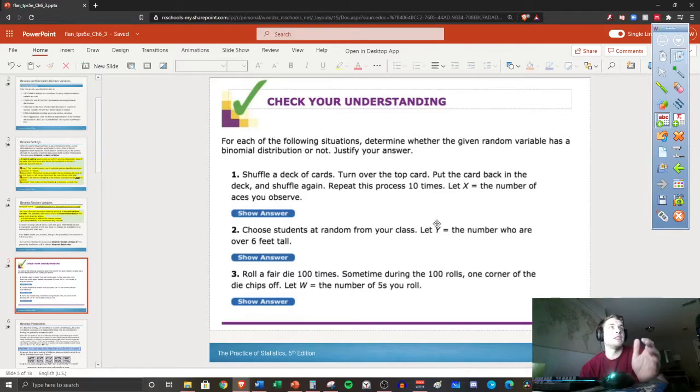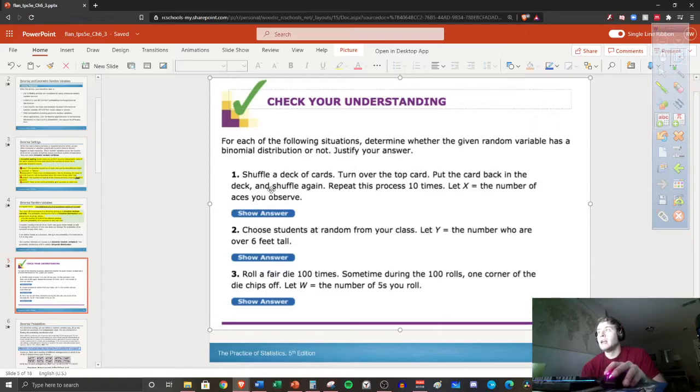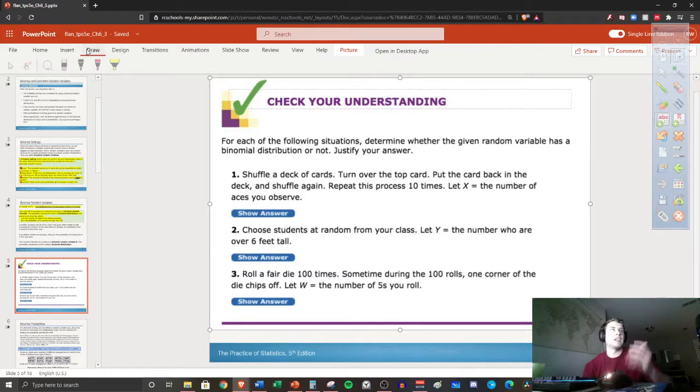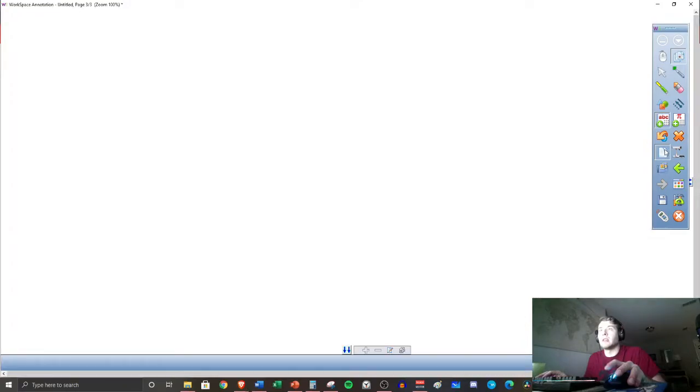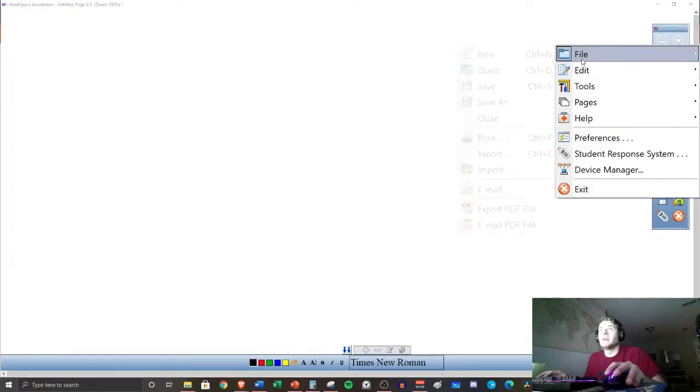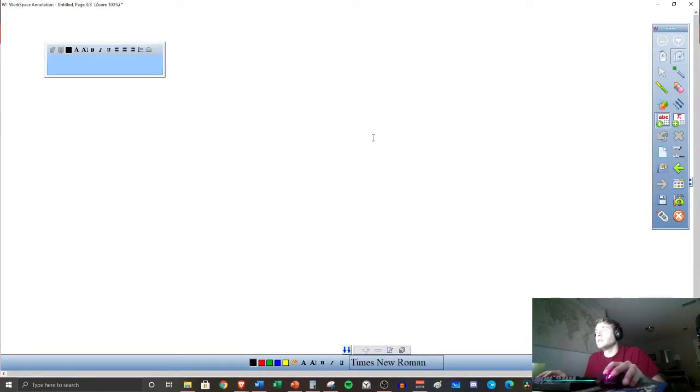Repeat this process 10 times. So our random variable is X equals the number of aces you observe. Okay. I'm going to work this one with you, and then I'm going to have you try number 2 and 3 on your own. So this is what you should do each time you're trying to decide, is it a binomial random variable? Okay. So this will be what you want to do. I'm actually going to put this on a new page here.